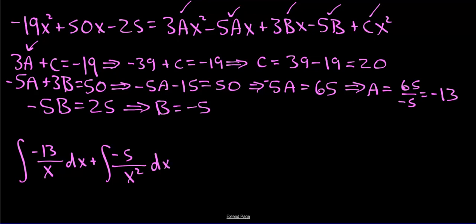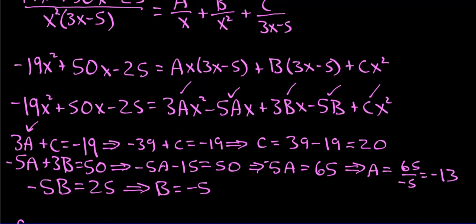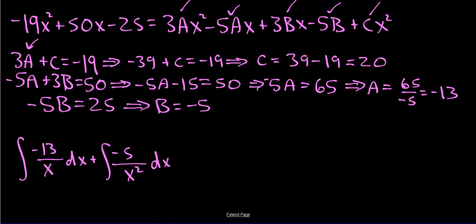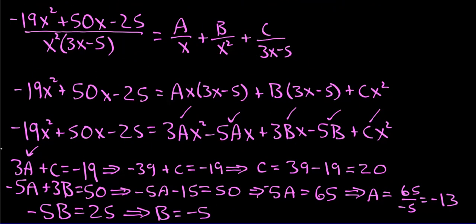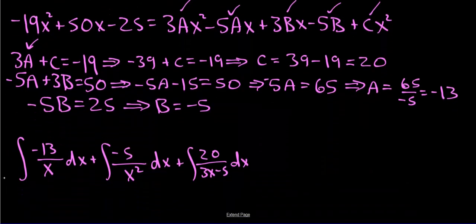And then c, so we've got 3x minus 5, so this is 20 over (3x minus 5). There we go. Now, we can look back and make sure we got everything. A over x, b over x squared, c over 3x minus 5. I think that's got it. Let me take one more look. Yeah, I believe so.